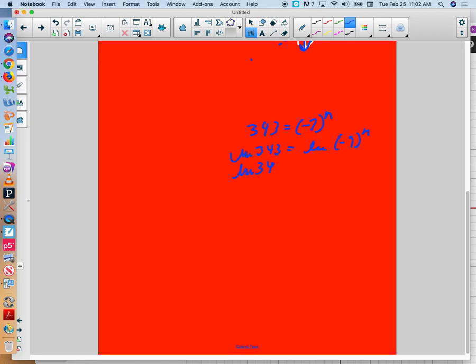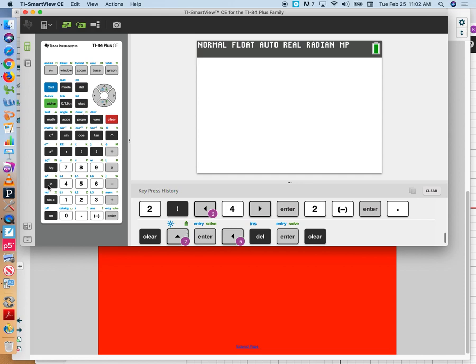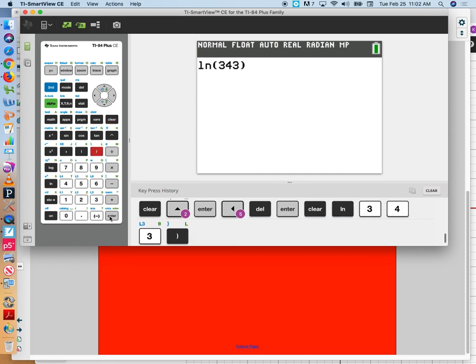The logarithm of 343 equals n, but I'm not going to be able to say the logarithm of negative 7. So temporarily I'm going to help myself find n just by calling it ln 7, because I'm never going to be able to find it with a negative exponent. I think I picked one that I can actually work. Let's see. ln of 343 divided by ln 7.